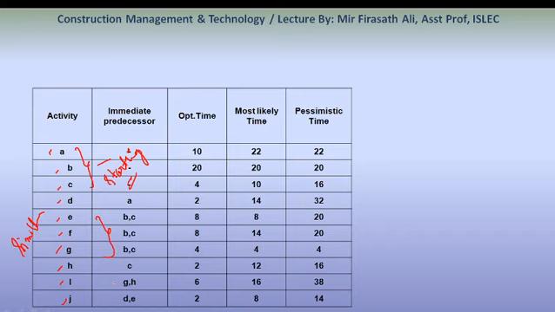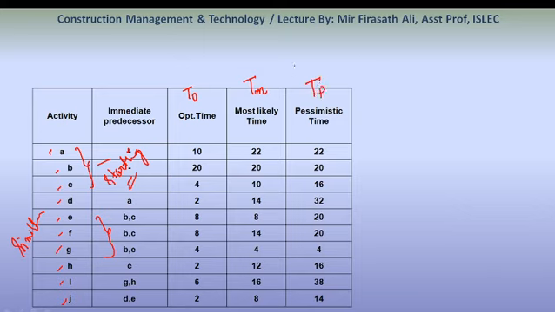Then for activity H, the immediate predecessor is C; for I, it is G and H; for J, it is D and E. Its 3 time estimates are given to us: this is the optimistic time T naught, this is the most likely time Tm, and this is the pessimistic time Tp.